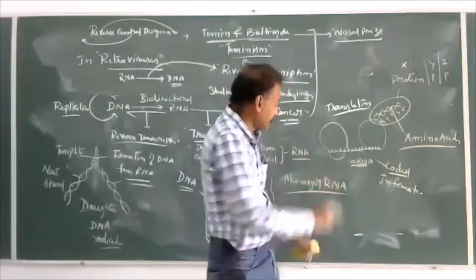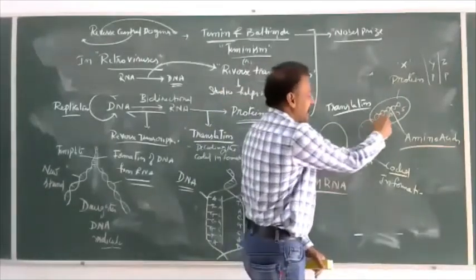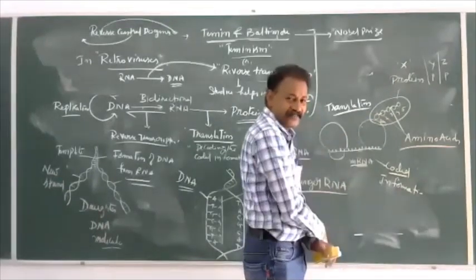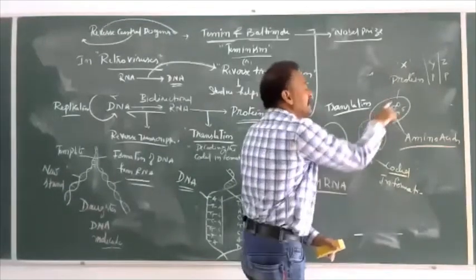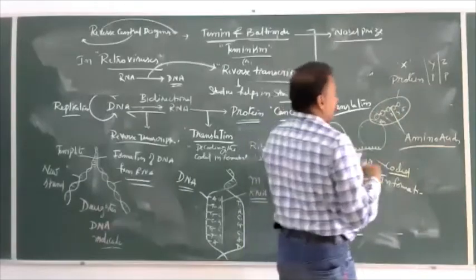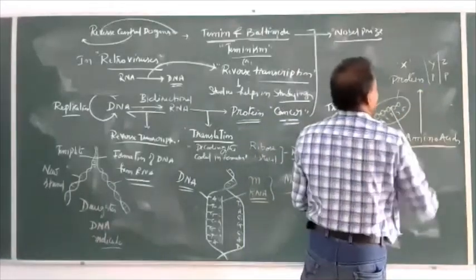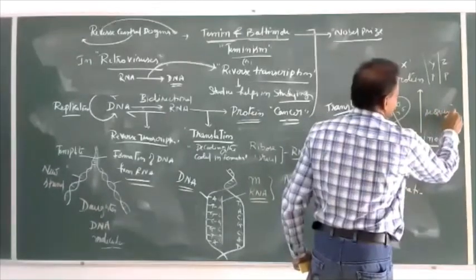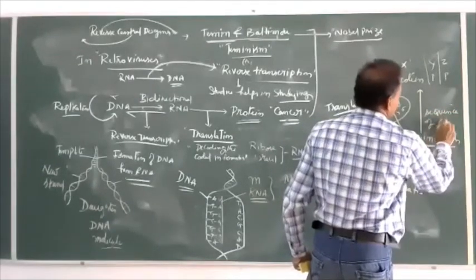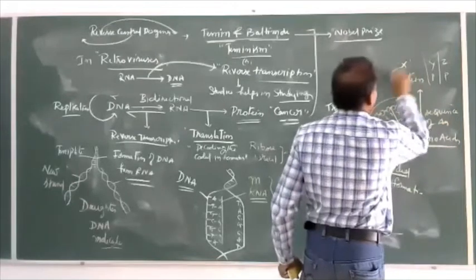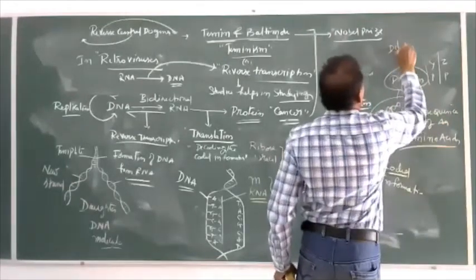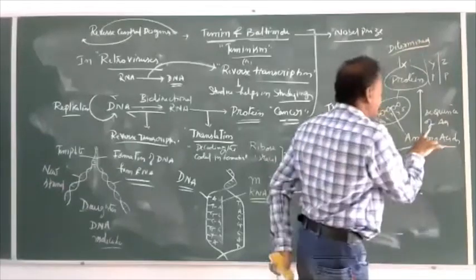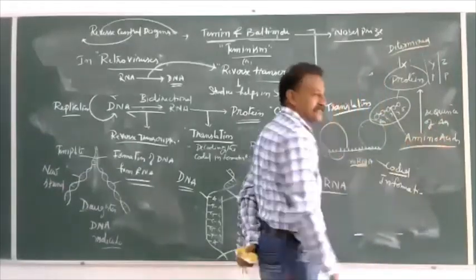Based upon these, amino acids are constructed in a sequence, and based upon the sequence of amino acids, the protein is determined. So the type of protein depends upon the sequence of amino acids.